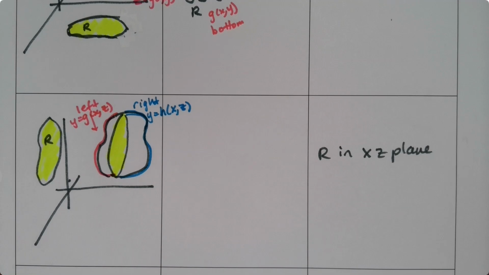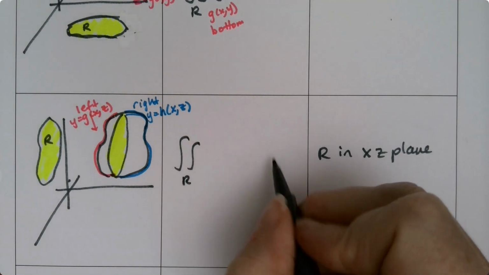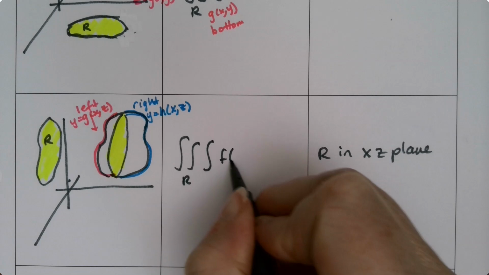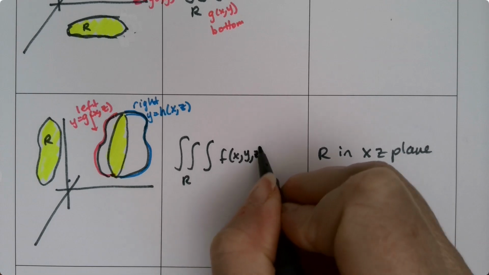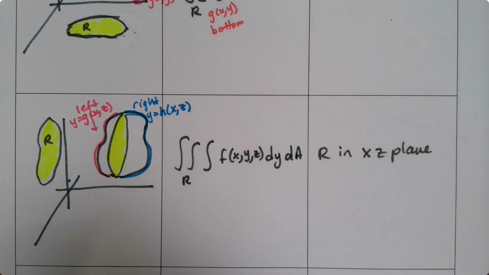So when I write my triple integral, the first two are for the region that's in the dA plane. So then f of x, y, z is my function, and then it'd be dy dA, right? Where R is in the xz plane. So those would be x and z, depending on which order you want to go in or have to go in.